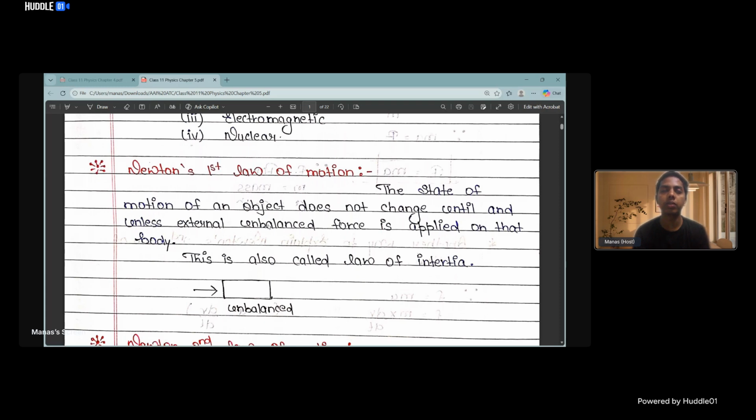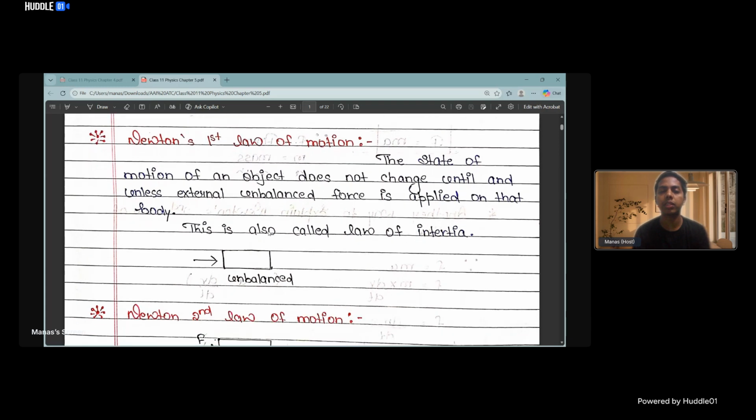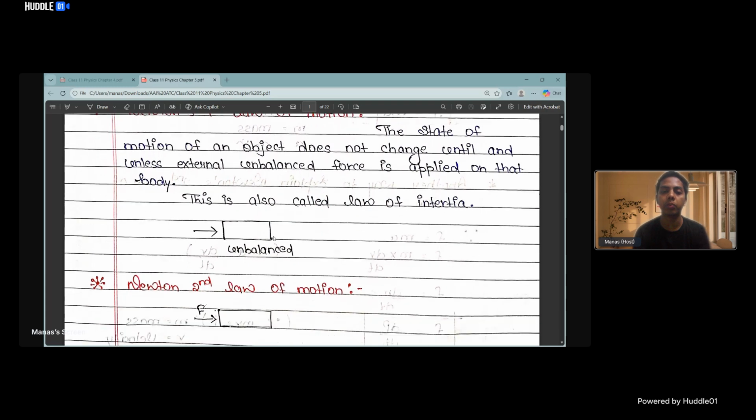Also, if an object is at rest, it will always stay at rest because the external force is zero. For example, if the same force is applied from both sides, the net external force is zero, and the body will not move.